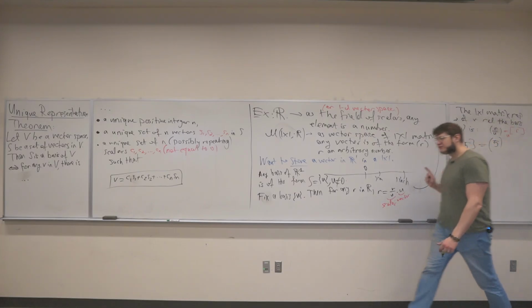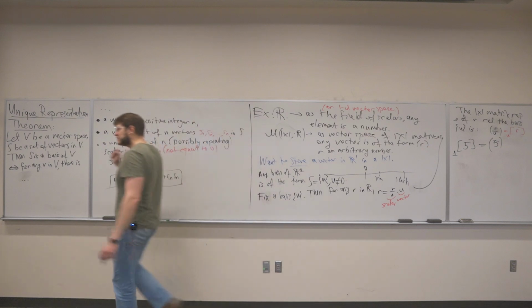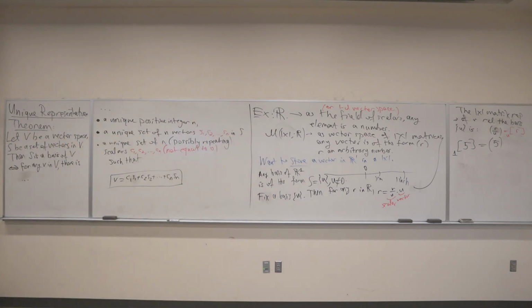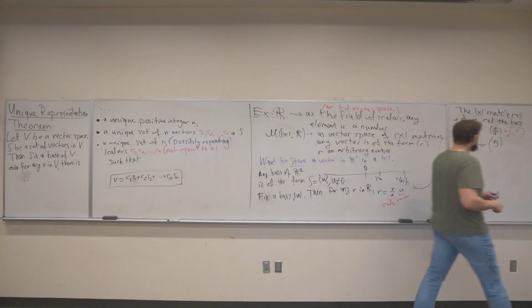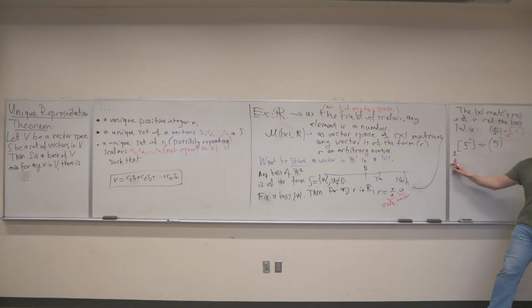But now we're saying this conversion between vectors and matrices is relative to a certain basis. We're being more explicit about what basis we're using. This is what we've been doing so far.